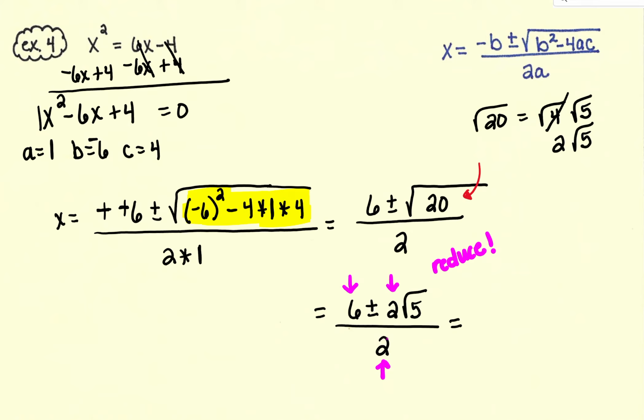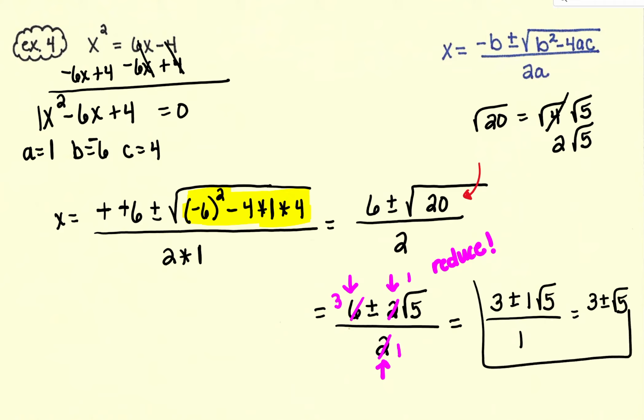You can say 2 in there once, 2 in there once, and 2 in there 3 times. It's a little shortcut if it's in all three. If it's not in all three, don't do it. So you have 3 plus or minus. I don't know if you want to put the ones or not. That's completely based on what you're comfortable with. So you can say that, or you can say that. They're both the same thing.